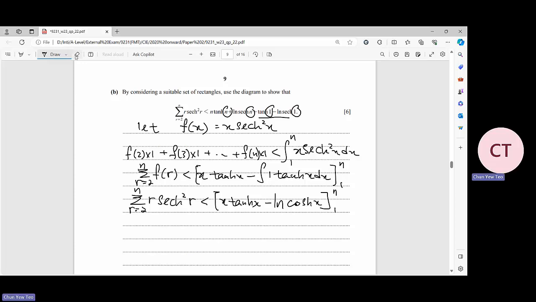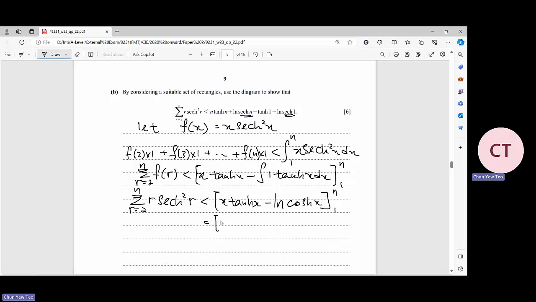But you can see that the expression given over here is ln sec, not ln cos. So how do you make ln cos become ln sec? What you can do over here is just bring the negative up, make it positive, then you will get ln sec x.